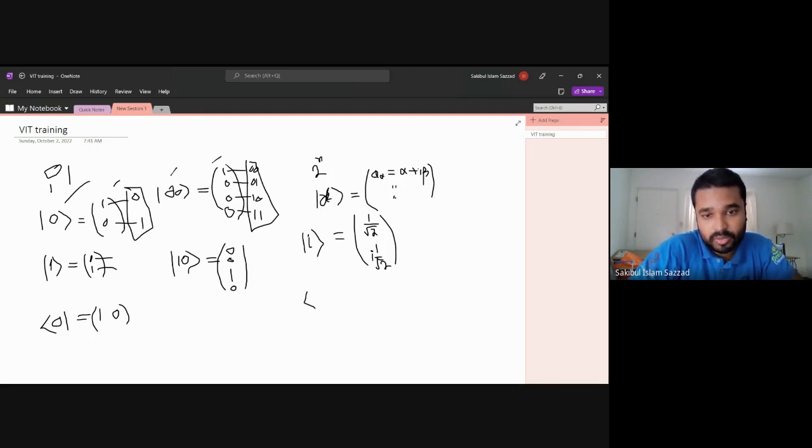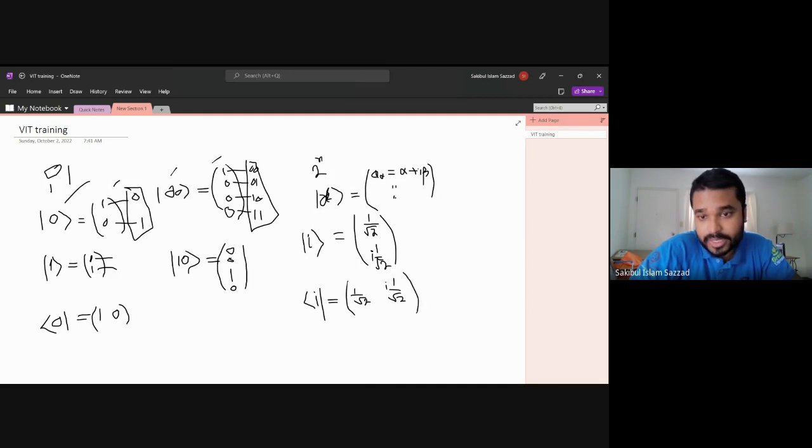Basically, the bra notation of I will look like this: we will make this column vector into a row vector. So this will be 1 over square root of 2, then I, this is imaginary, then 1 over square root of 2.